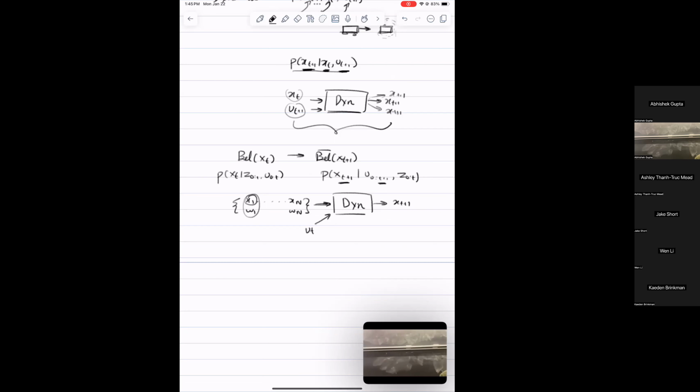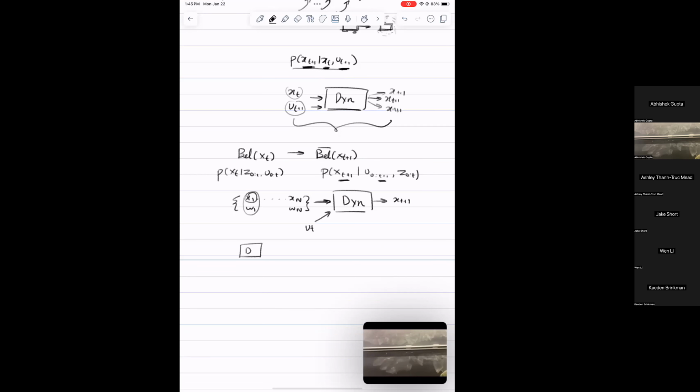You can think of it as x1 and ut go in to give me xt plus 1, 1, and you keep the same weight w1. Then you run the second particle through the dynamics model, x2 and ut go in, give me xt plus 1, 2, and you keep the same weight w2.